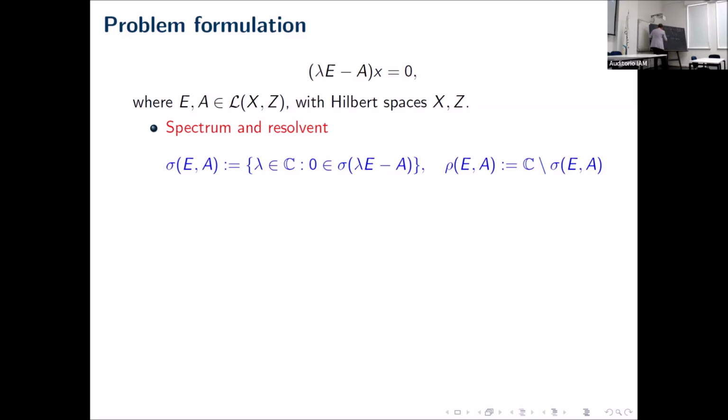And of course, this equation means that V is an eigenvector at 0 of this matrix. So we can write mu is in the spectrum of the pencil if 0 is in the spectrum, or point spectrum, let's say, of A minus mu E. It's just playing with these definitions, right?